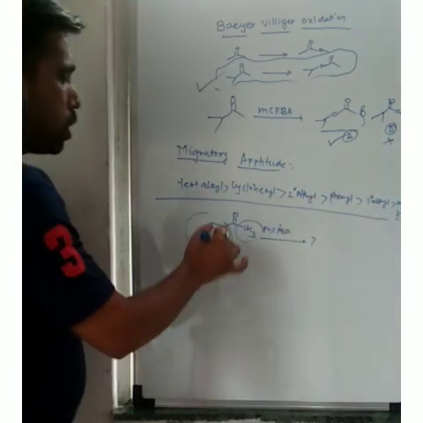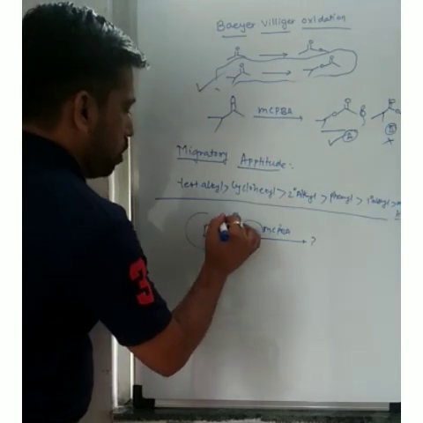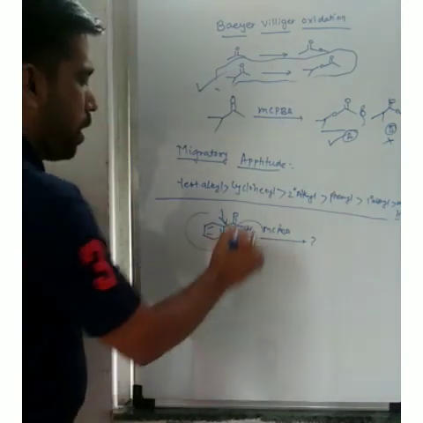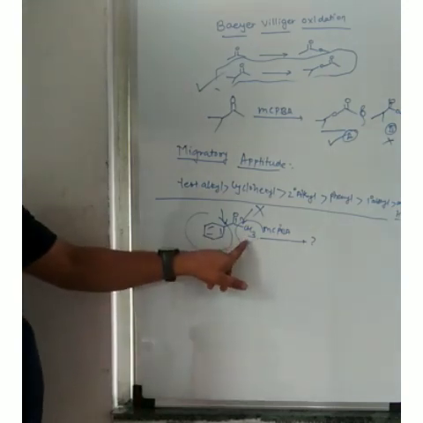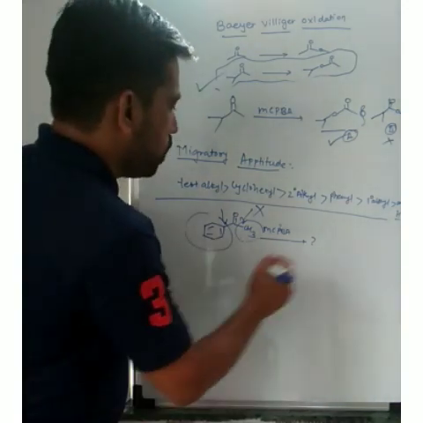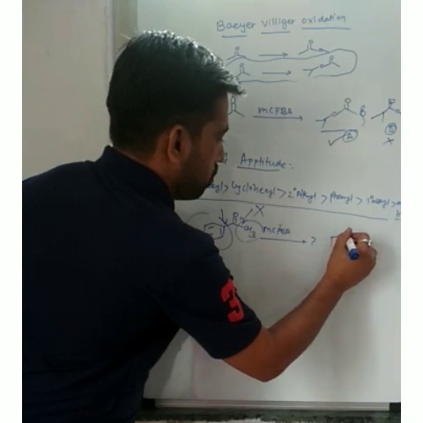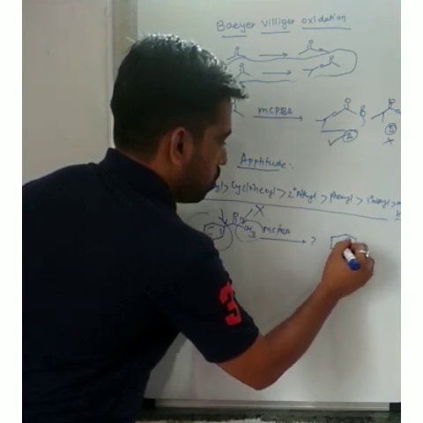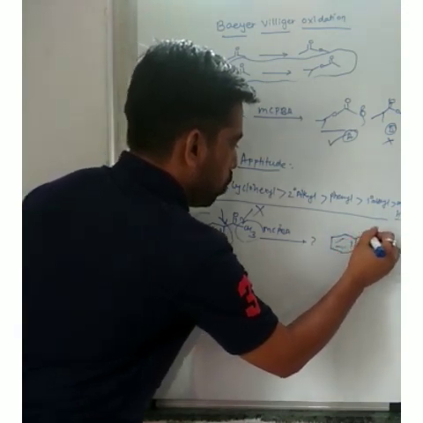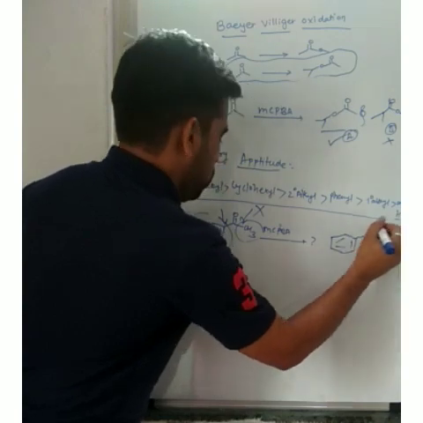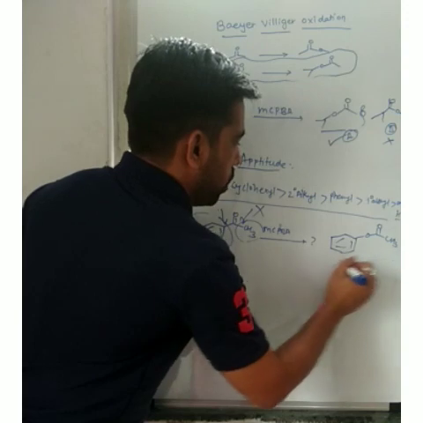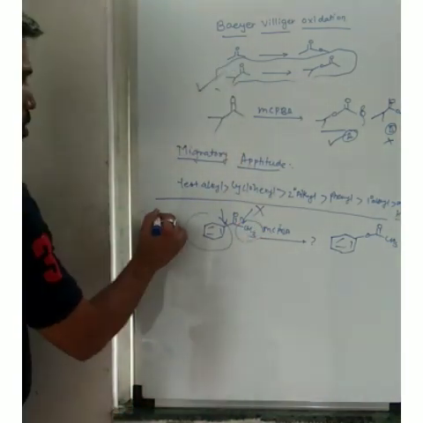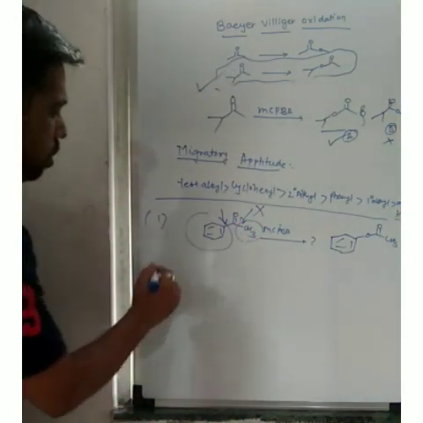So insertion of oxygen takes place at this side and not on the methyl side. So we get the product with oxygen insertion. This is a very simple reaction. We see another example.